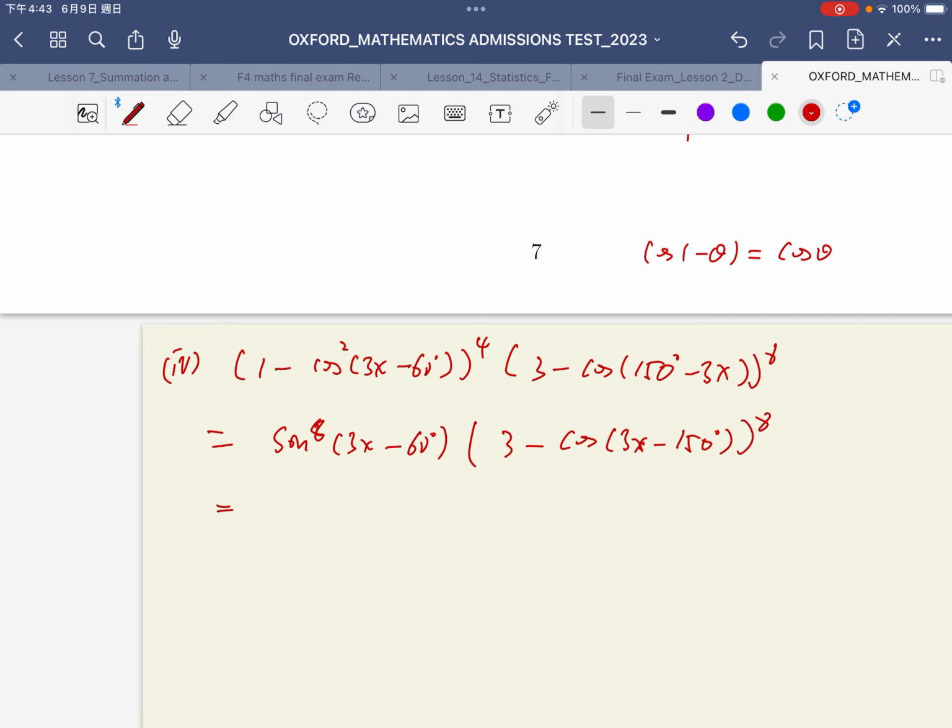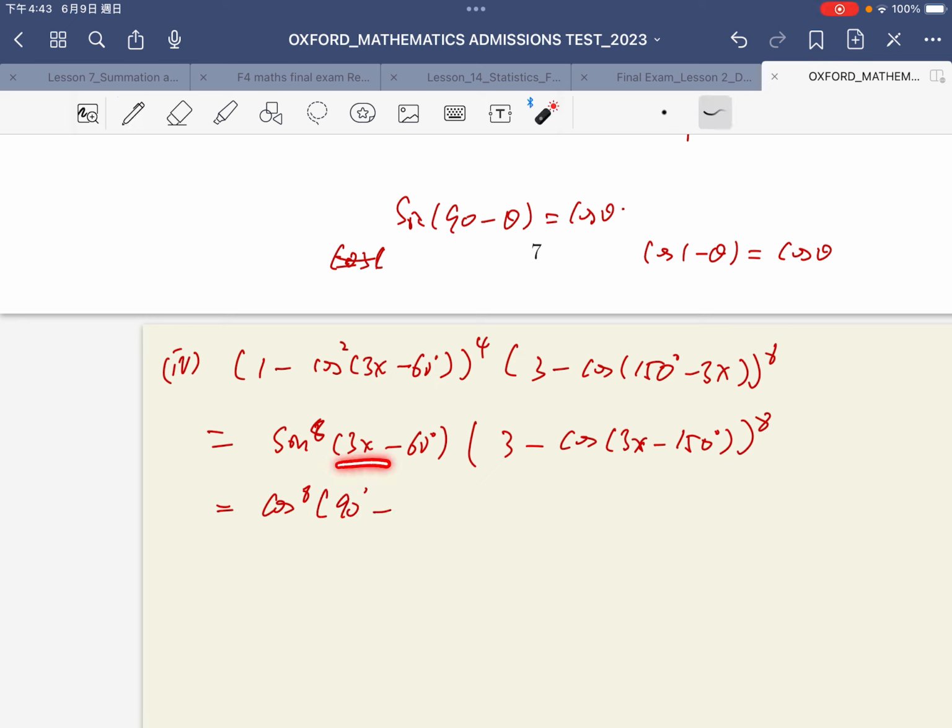And then, since sine of (90 minus theta) is equal to cosine theta, I use this formula to change this to cosine to the power 8 of (90 degrees minus (3x minus 60)).